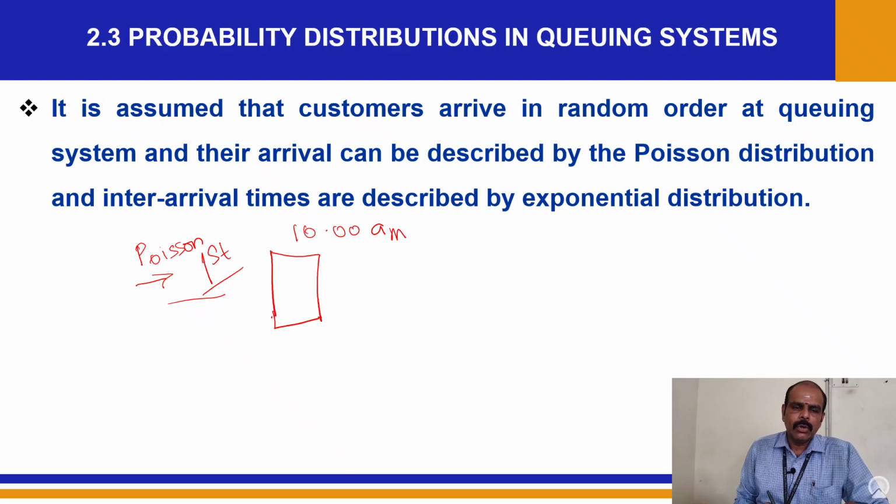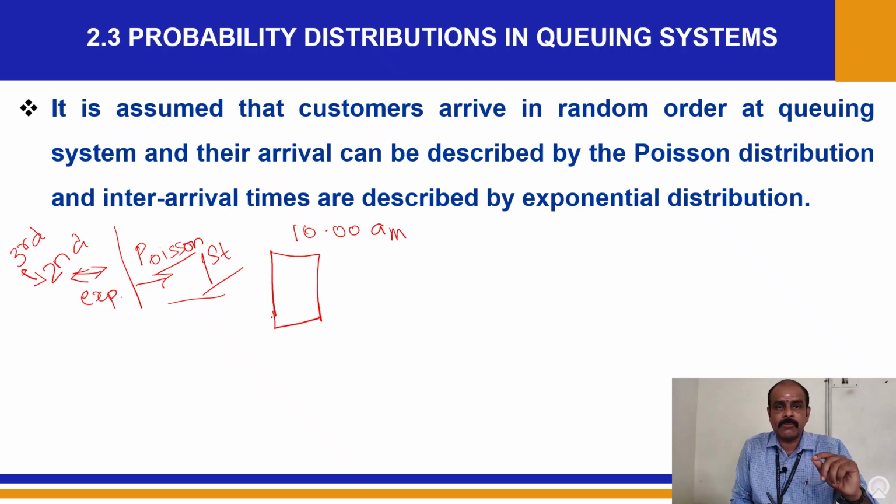Next, the second customer has come, and meanwhile the third customer is about to arrive. This is called inter-arrival time. The first customer's arrival is Poisson, and after that, whoever comes into the system is considered exponential. That's the assumption we make.